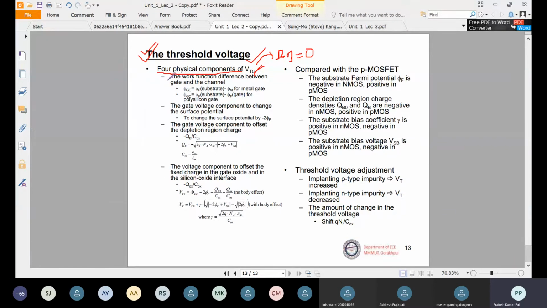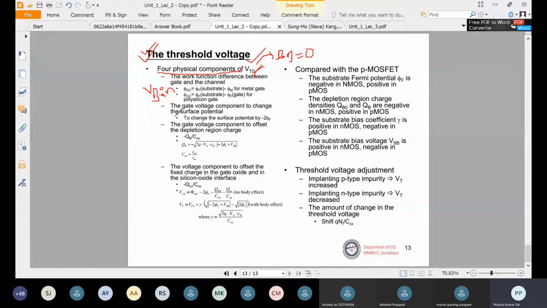That work function difference causes the built-in potential, represented as Vbi, because of the difference in work function of the gate and the channel.